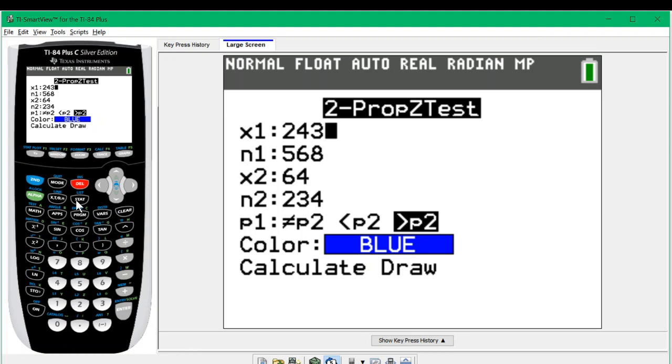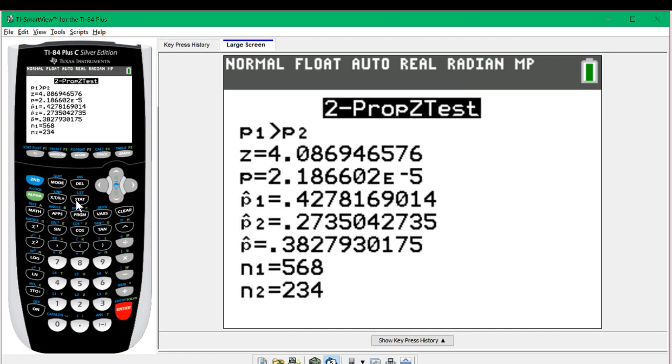Let's check now and see if that worked. 0.427, yep. 0.273, yep, that's right. Alright, so this looks correct. How about that p hat? Is that the correct p hat? 0.3828. Yeah, close.